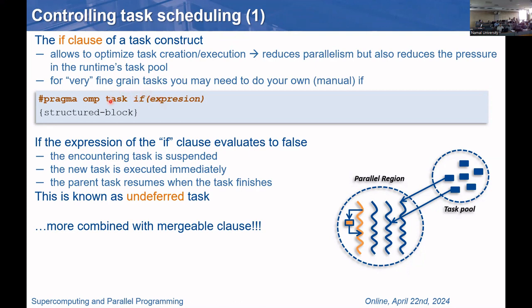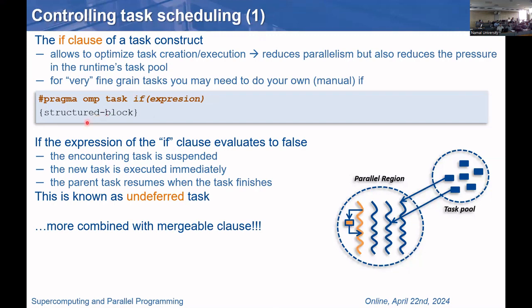This means that this is a task if the expression is true. If the task is very fine-grained, it will introduce a lot of overhead, especially if we have a lot of them. If you have this in a loop and tasks are of 1 microsecond, better not to use tasking for 1 microsecond tasks.